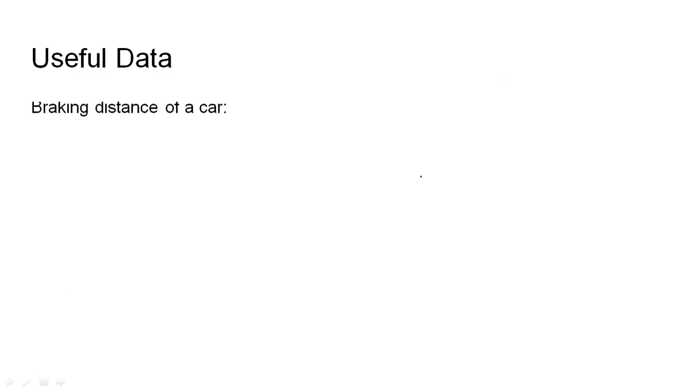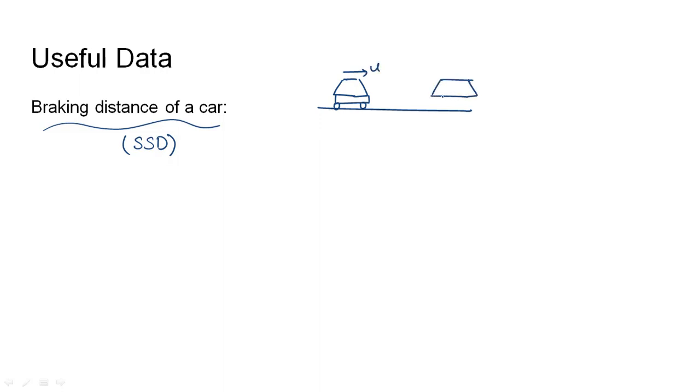Coming to the useful data, one needs to know about the braking distance of a car. This is a related concept to SSD. So, if a car is moving on a road with a speed of u kilometers per hour and then it wants to retard to a speed of v using an acceleration of a.